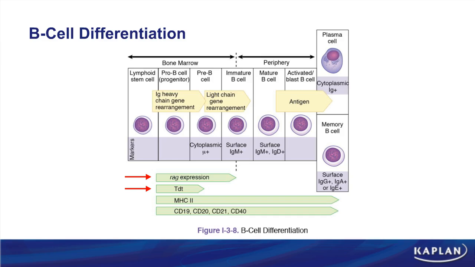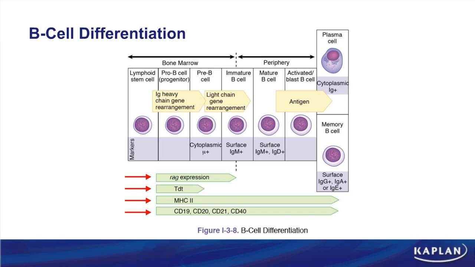A couple of other markers that are going to be important for my B cells is the fact that B cells are one of three very important professional antigen presenting cells that express MHC class II on their surface. And we're going to go a lot more into our MHCs in just a little bit. We also have what I consider three of the most important markers after the immunoglobulins on our B cell surface: CD19, CD21, remember those were part of the components of the B cell receptor, as well as CD20.